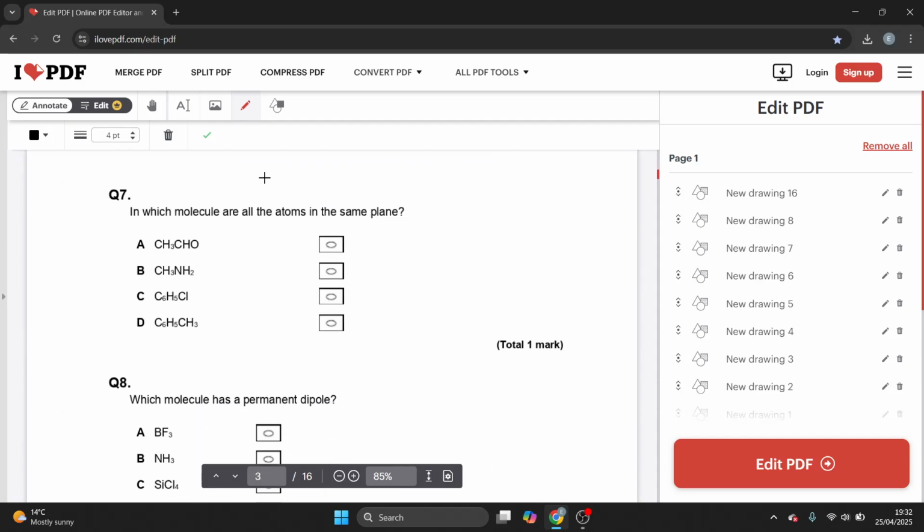Question 7. In which molecule are all atoms in the same plane? So what does this even mean? Well, let's draw out these molecules. So methane is it. So 2 carbons. You've got CH3, and this is obviously an aldehyde.